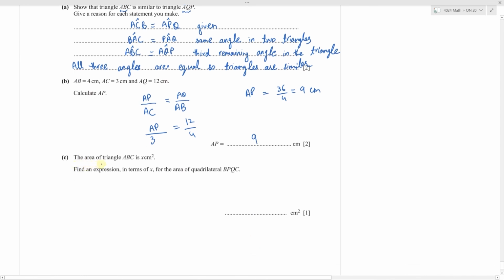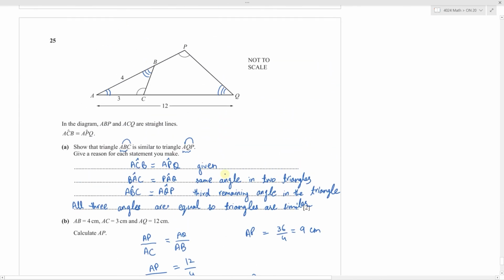Part C is the area of triangle ABC is x centimeter square. Find an expression in terms of x for the area of quadrilateral BPQC. So BPQC is this quadrilateral and we need to find its area in terms of x. So if I look at this big triangle AQP, if I can find its area and then subtract the area of this smaller triangle, I will get the area of this quadrilateral.